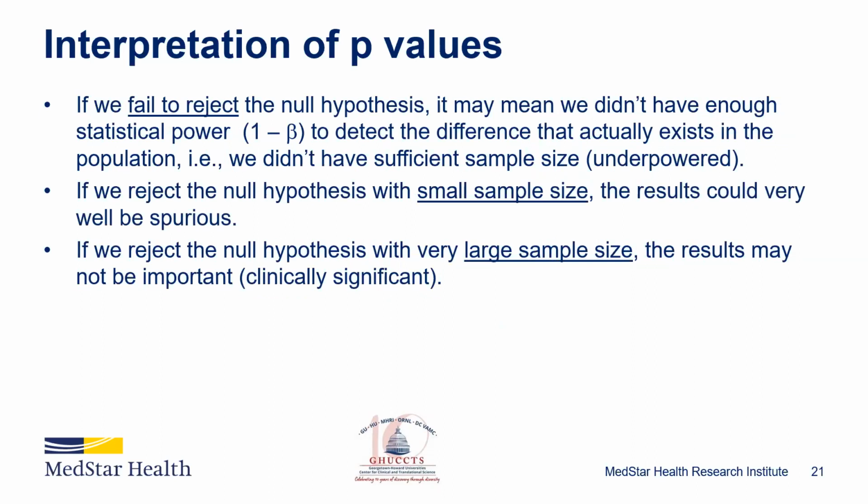As I mentioned, if we fail to reject the null hypothesis, it might mean we didn't have enough statistical power to detect the difference that actually exists in the population. Put another way, we didn't have sufficient sample size, or you'll see the term used, we were underpowered.